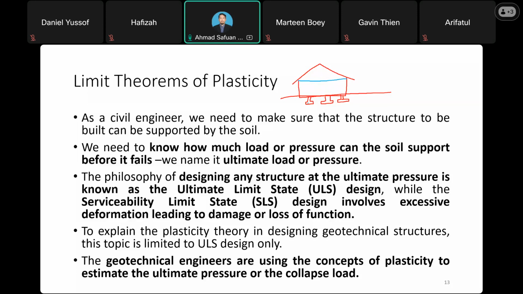So we need to know how much load or pressure the soil can support. We name it the ultimate load or pressure. That is the maximum load that can be catered by the soil.